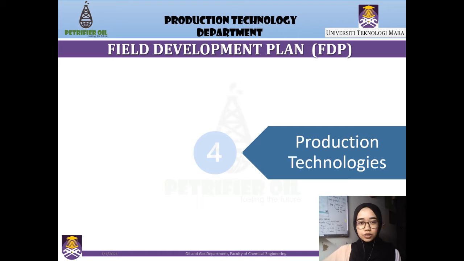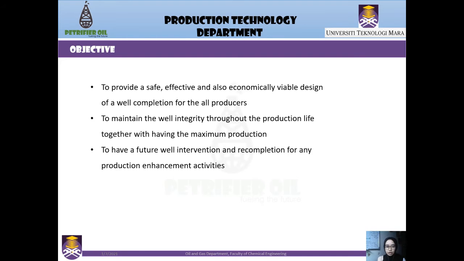The data used in this department were taken from other departments, especially the reservoir department, and also the data from the well test report given. All the elements that we will further discuss in this part have their own objective. In well completion, it is to provide a safe, effective, and economically viable design of a well completion for all the producers.